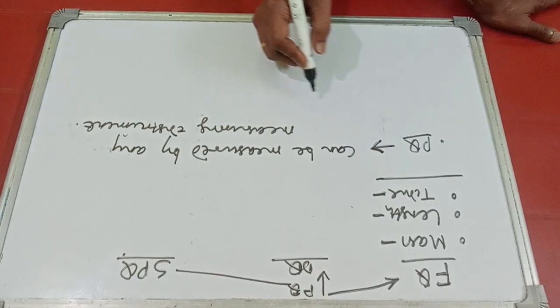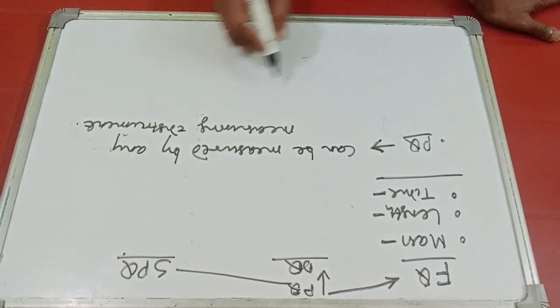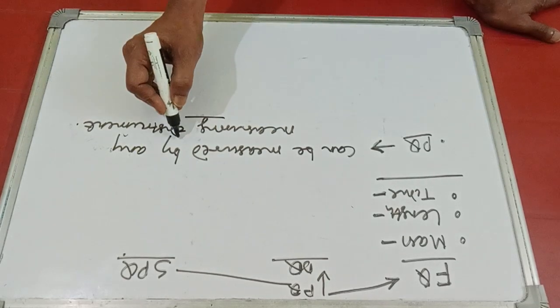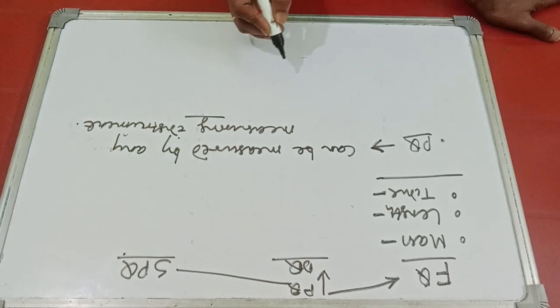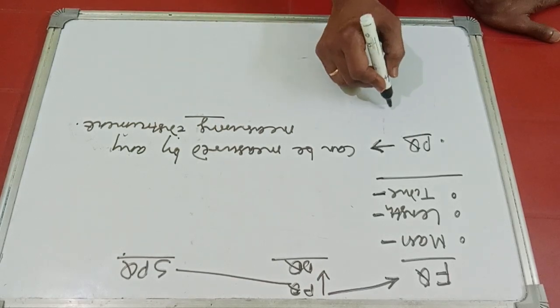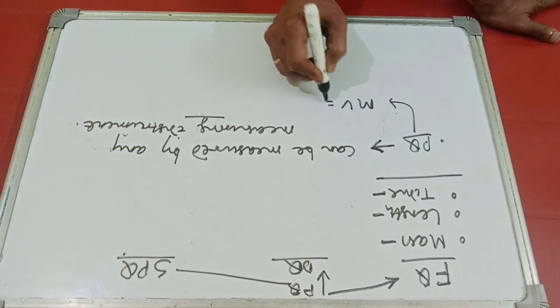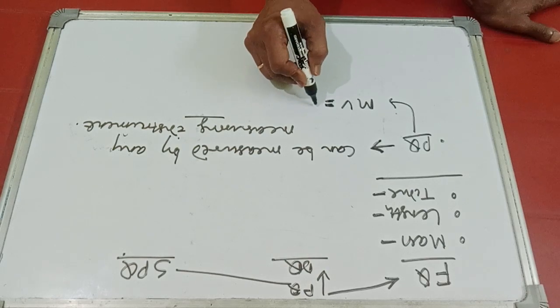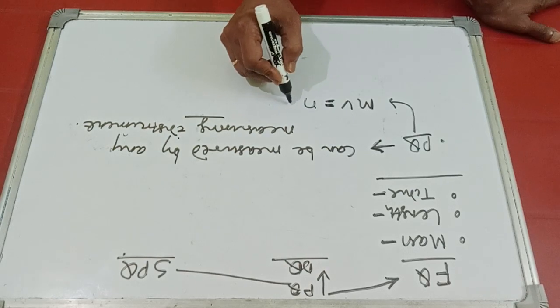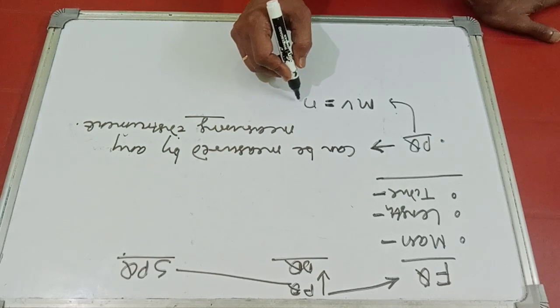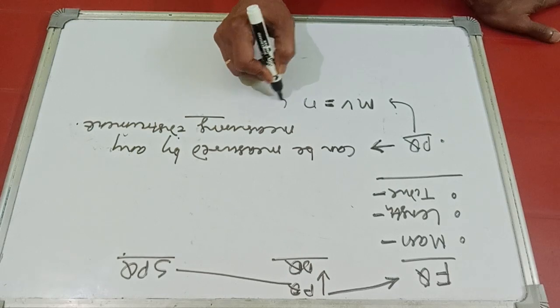When it is measured by some measuring instrument, the measured value will always be expressed in terms of some numerical value multiplied by, or times, its unit.